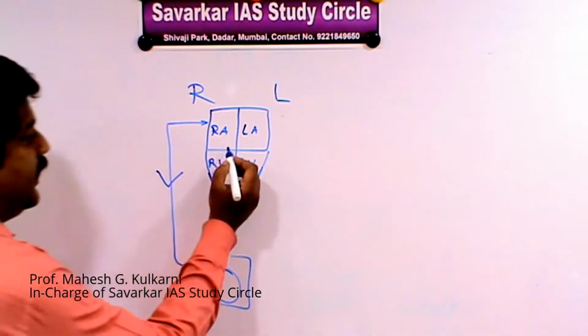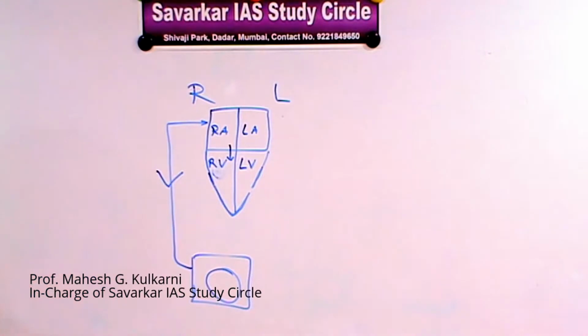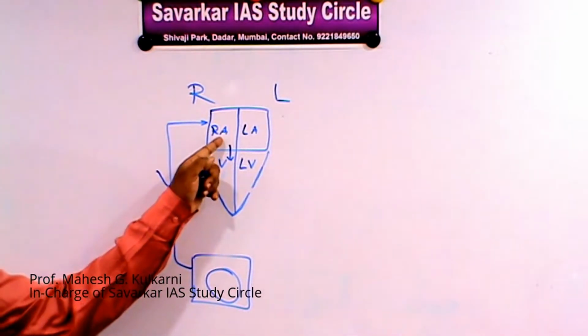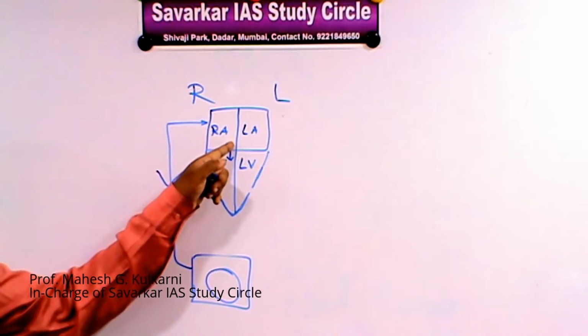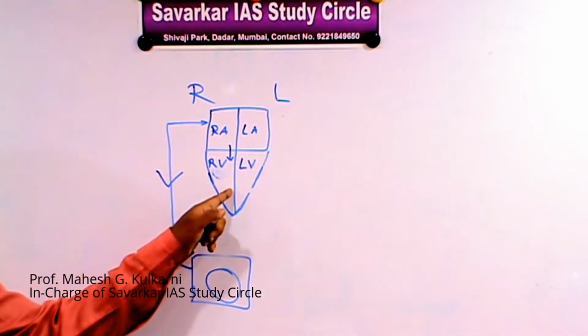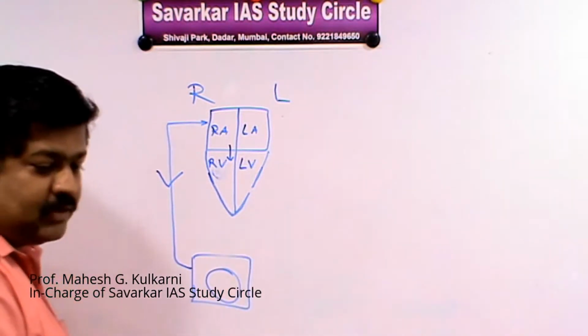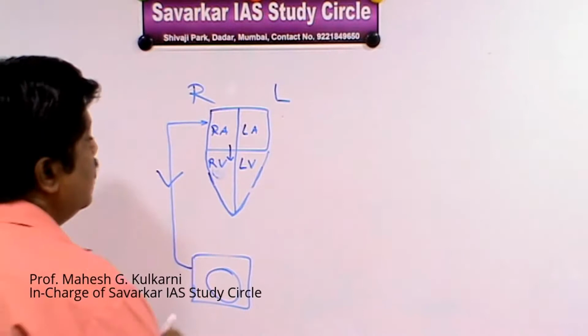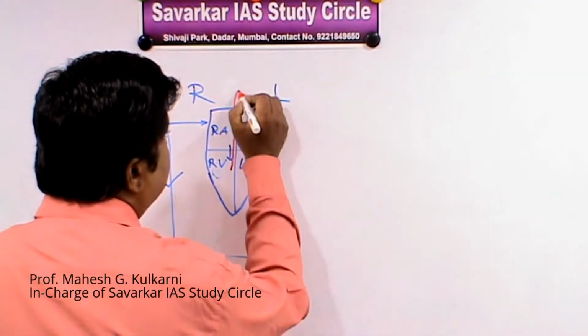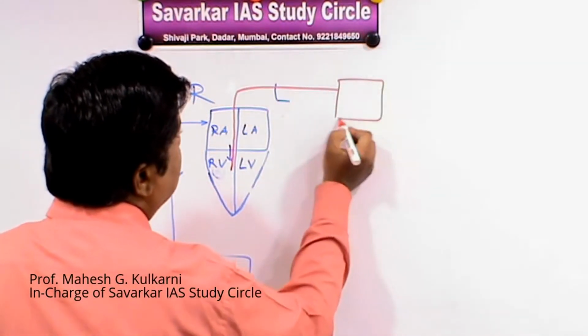Then from the right auricle, blood enters the right ventricle. So this is the pumping action here. Blood is collected in the auricle, and from the auricle it is collected into the ventricle. From the ventricle, I am showing in some different color now, the blood is transported into another organ.